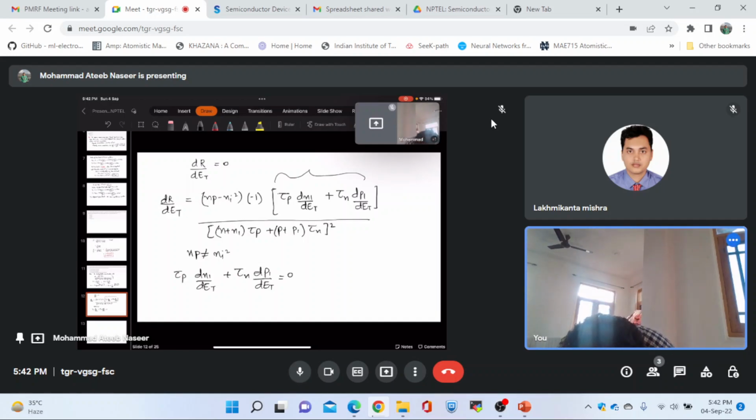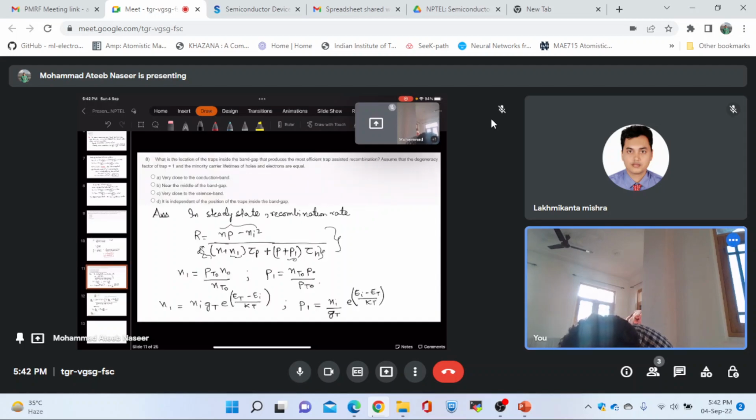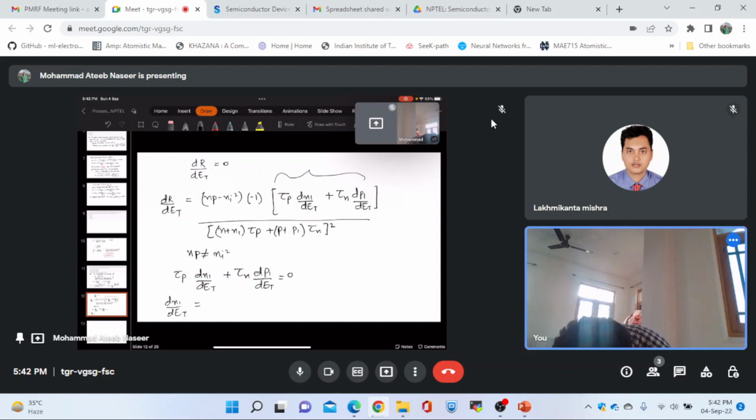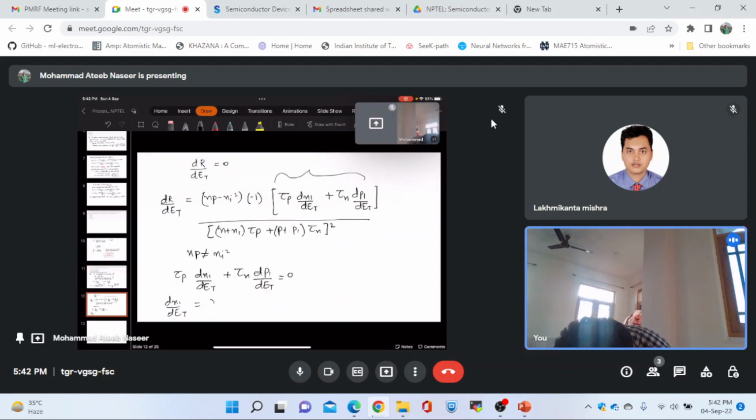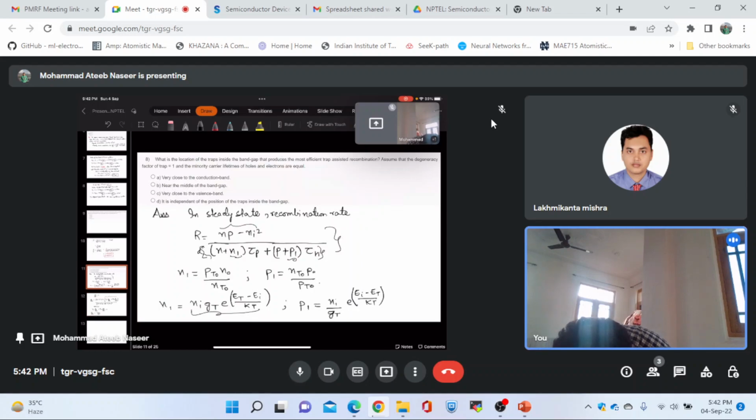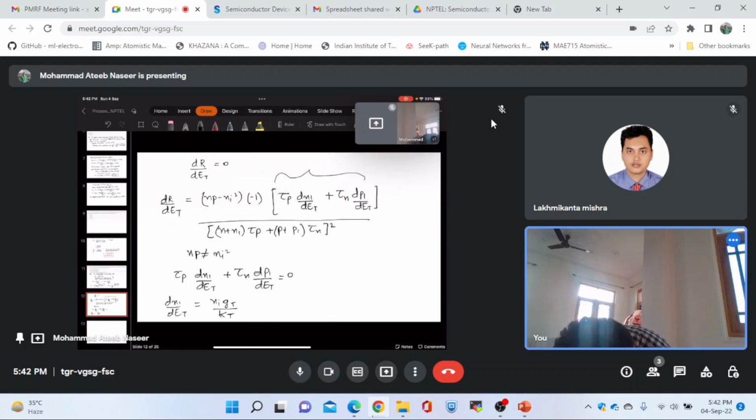Now I need to substitute the expressions for n1 and p1 and then differentiate with respect to Et. So this dn1 by dEt, if I differentiate with respect to Et, should give me 1 by kT times the same expression, ni Gt by kT exponential of Et minus Ei by kT.